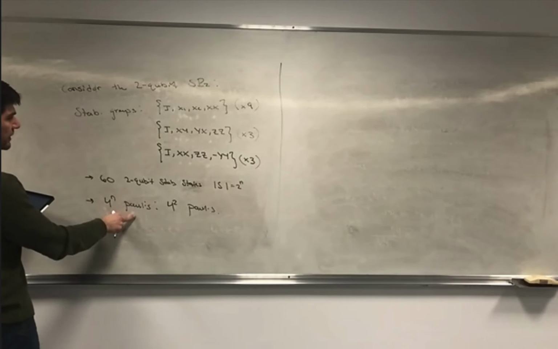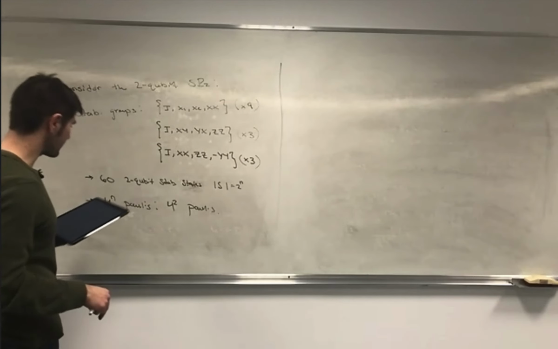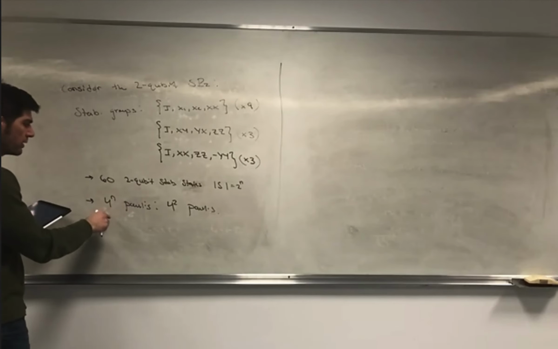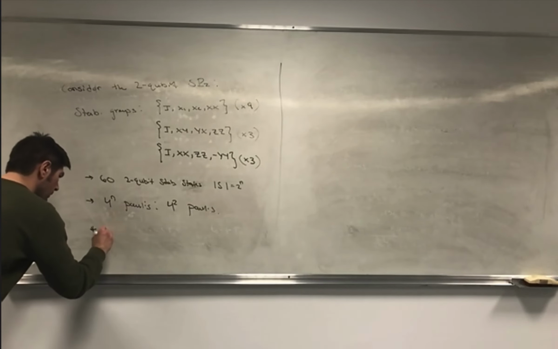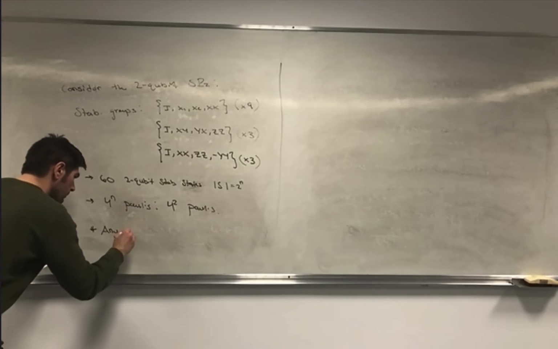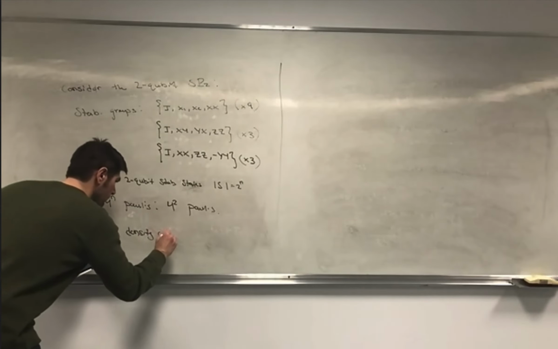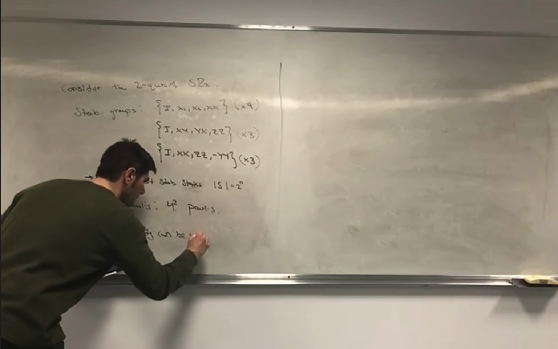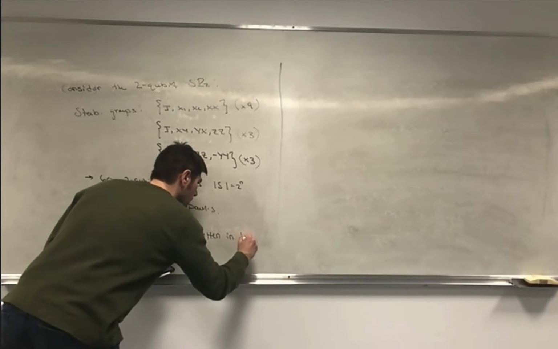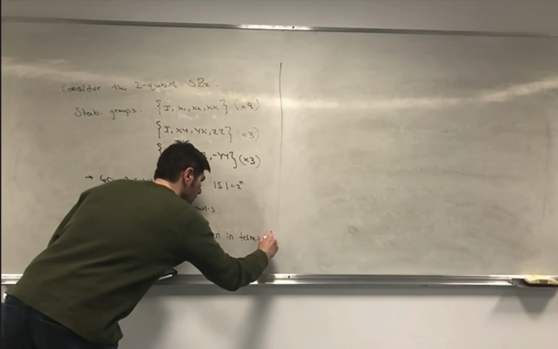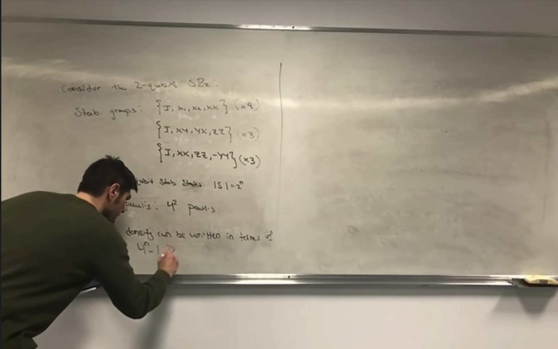So it will be the case that we can write any density matrix in terms of 4 to the n minus 1 Paulis.